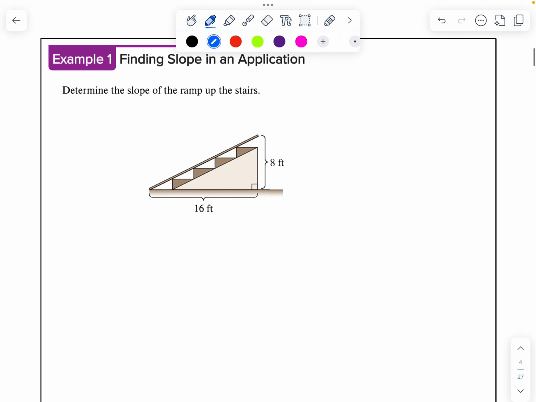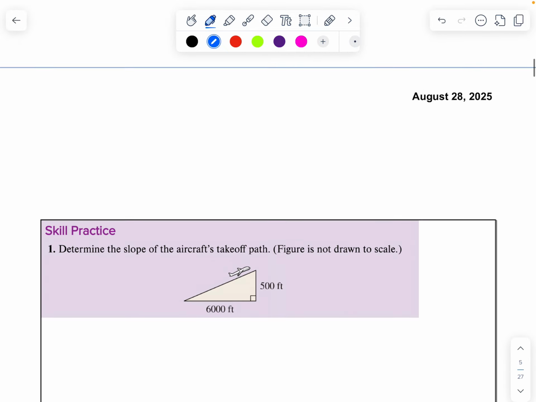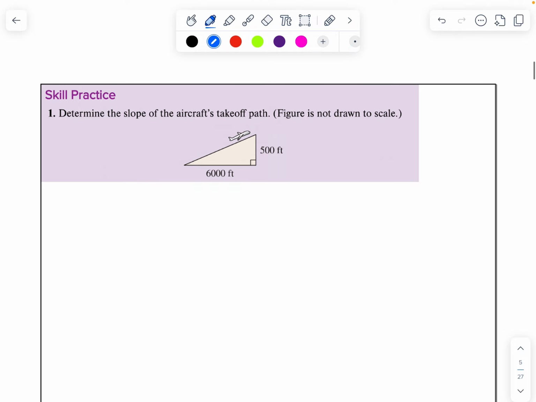So if we want to determine the slope of these stairs, we know that slope is rise over run. We rise 8 feet. We run 16 feet. 8 over 16 is the same as 1 over 2. You might want to pause and try this one.